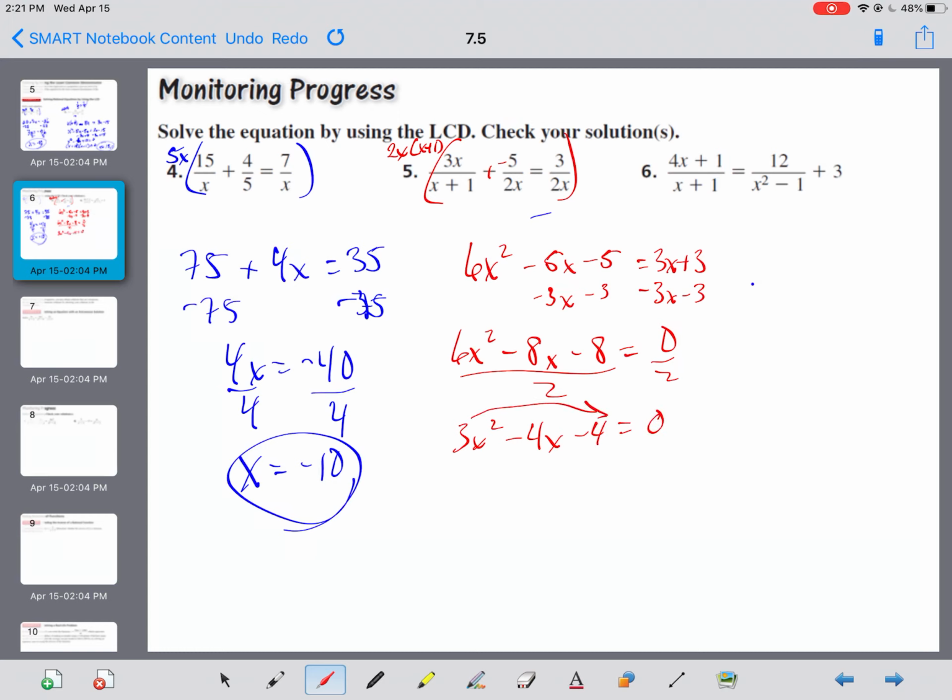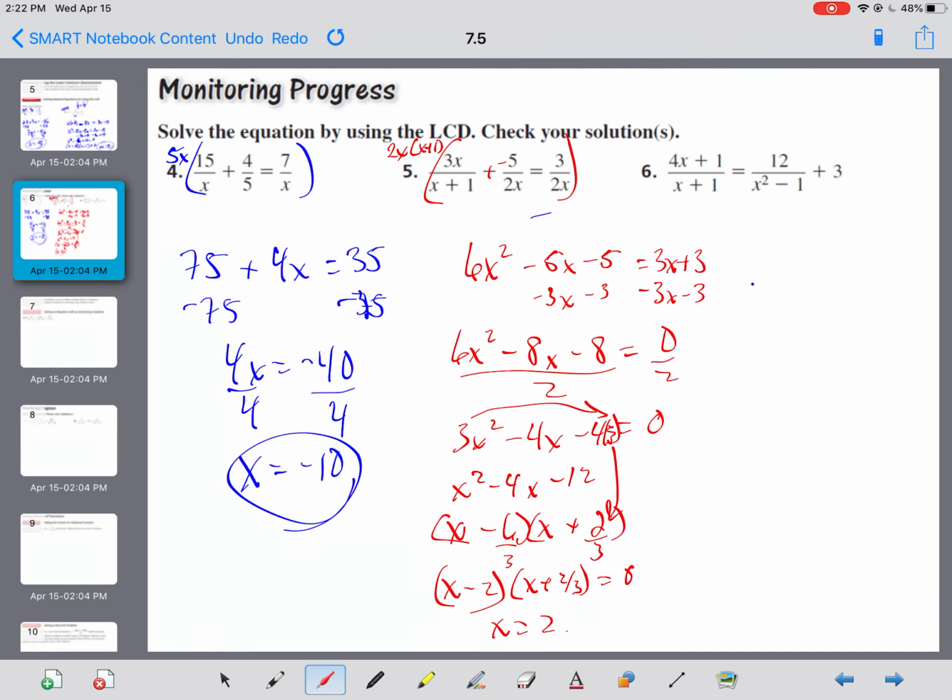Take out the greatest common factor first, make it smaller, so we can divide everybody by 2. So we got 3x squared minus 4x minus 4 equals 0. Slide to the back: x squared minus 4x minus 12. Factors of 12 that subtract to 4 would be 6 and 2. It needs to be negative.